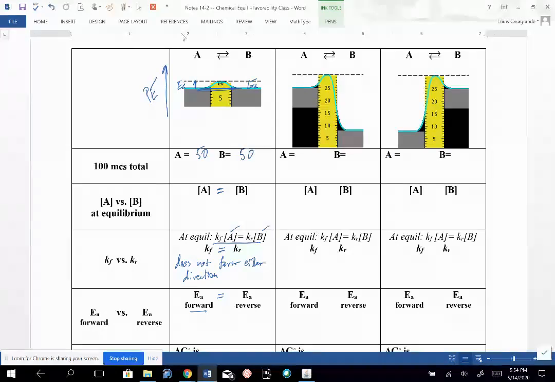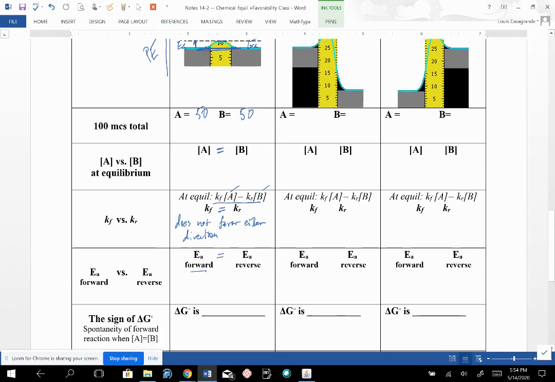So in this case, and this is a delta G we're going to be looking at now, not a delta H, the delta G of the reactants equals the delta G of the products. So the delta G naught is 0. There is no difference between the reactants and products.